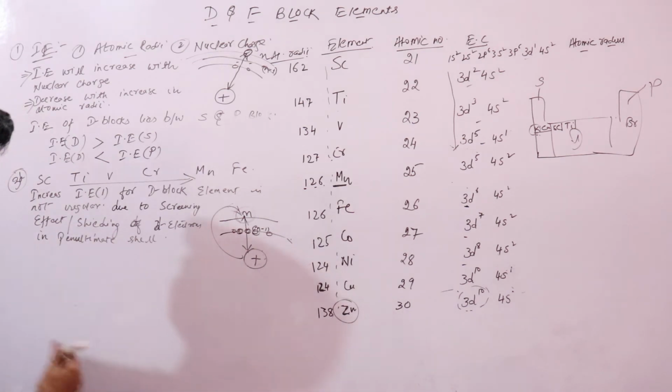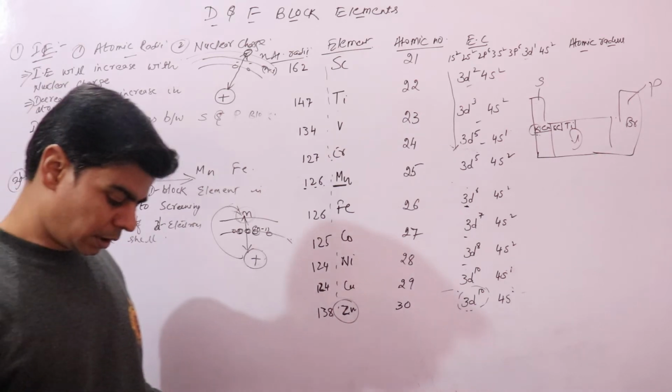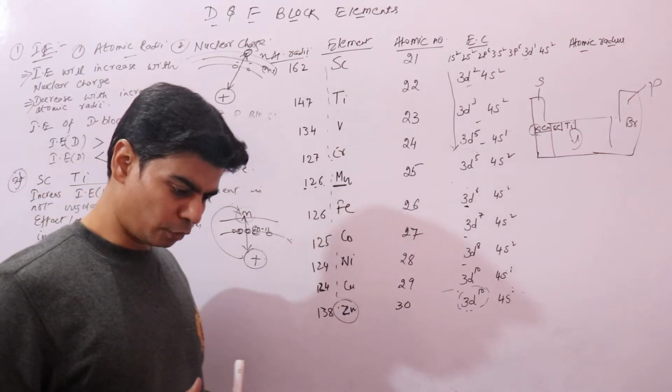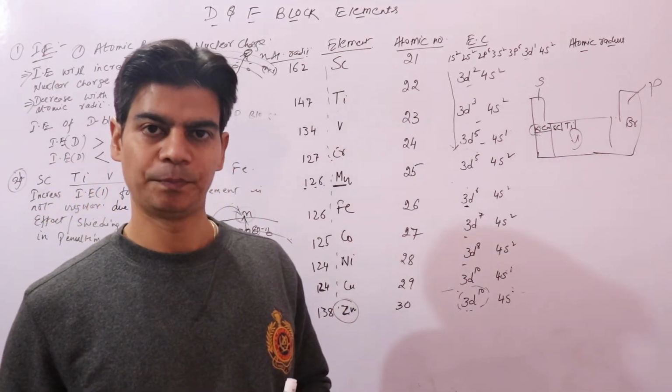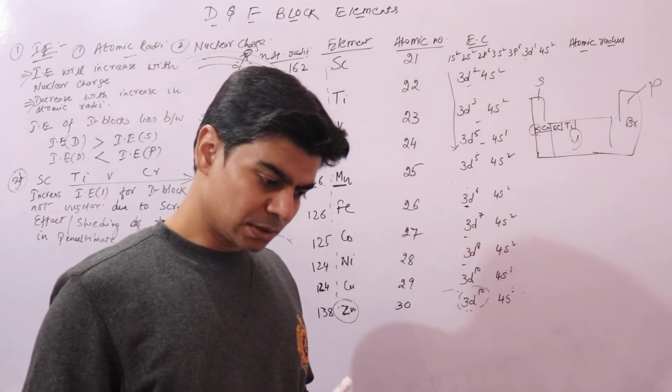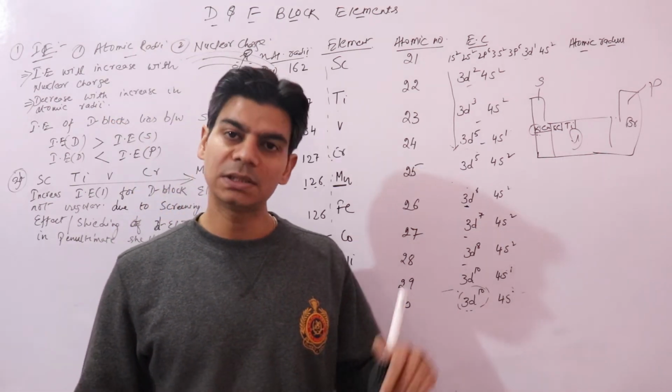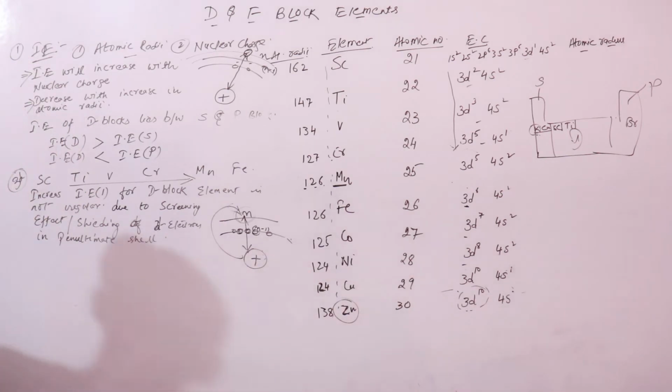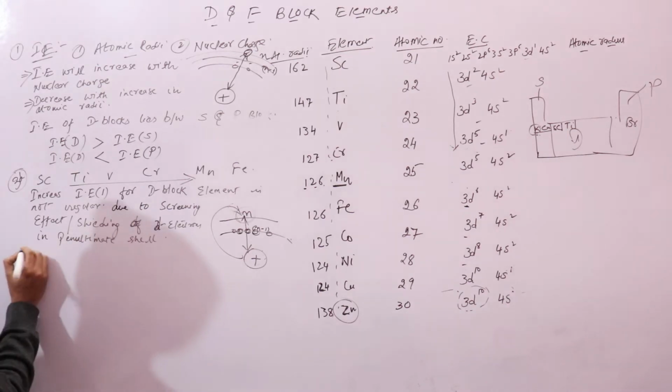Now the third point is that the ionization enthalpy of the third transition series is more than the first and second transition series. This point is important. The first ionization enthalpy of the elements of the third transition series is higher than that of the elements of the first and second transition series.